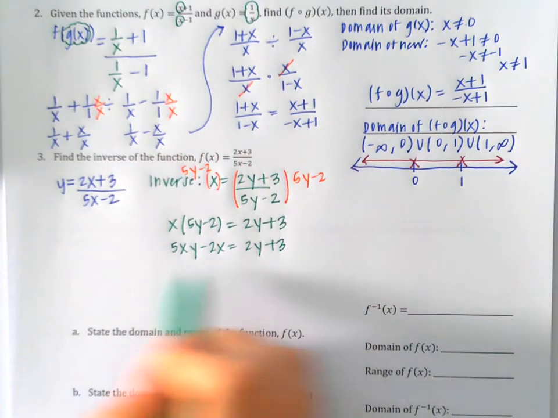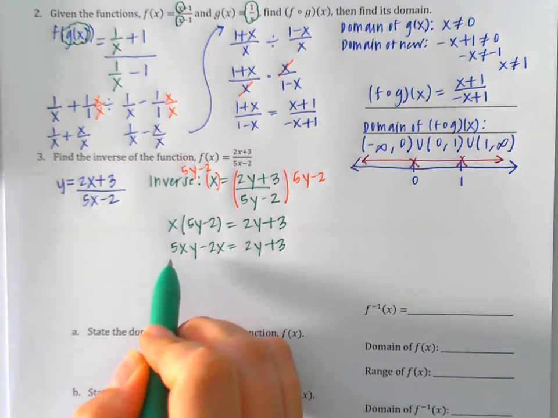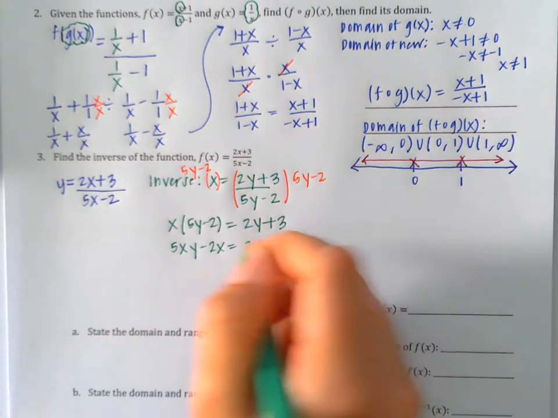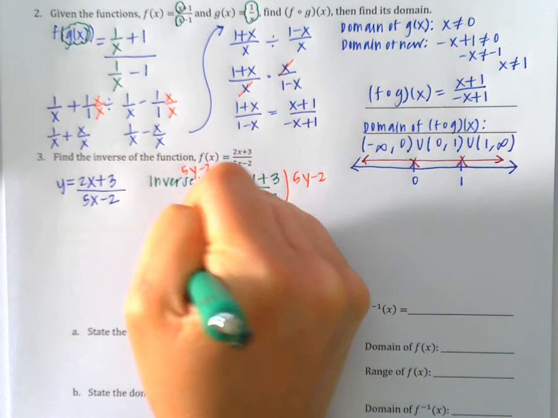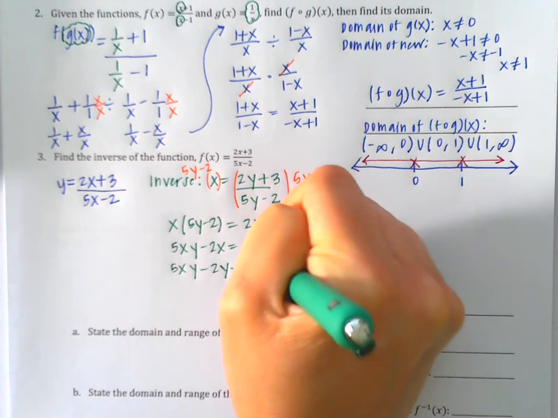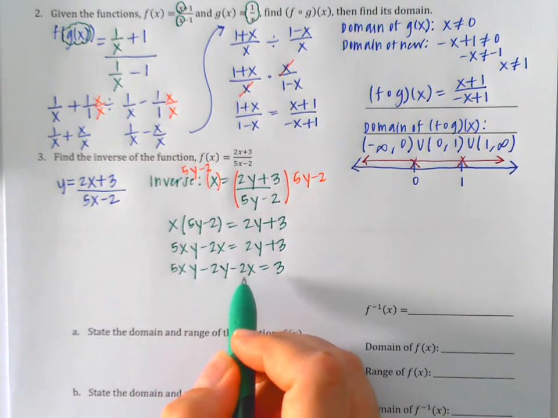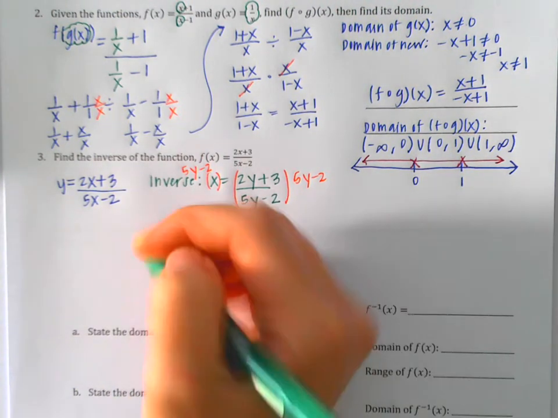Move anything with a y term to the left side. So combine anything that has a y term. So I'm going to subtract 2y. And then anything that doesn't have a y term, we want to move to the other side. So I'm going to add 2x to this side.